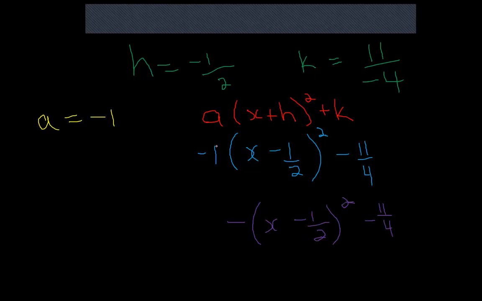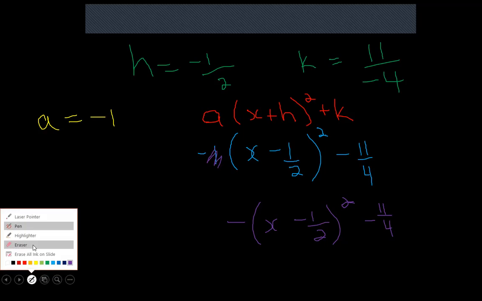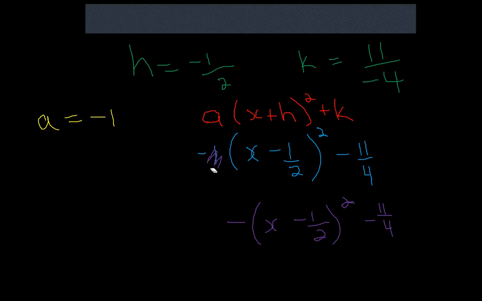It's the same thing. I just removed the 1, right? So you could write it like minus 1 and then this, or you could just put the negative sign. Means the same thing. So you good with this? Yes, miss. Okay.